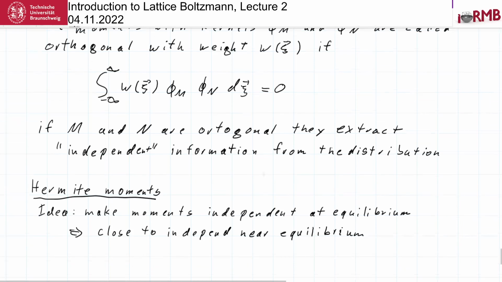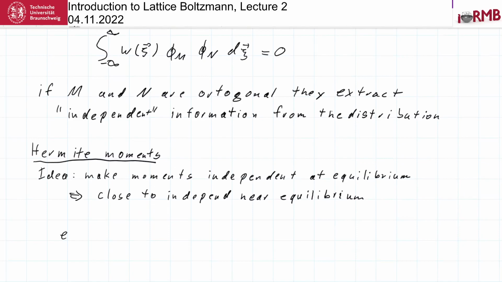So the equilibrium is a Gaussian, right? F equilibrium should be proportional to e to the minus x squared over sigma squared.